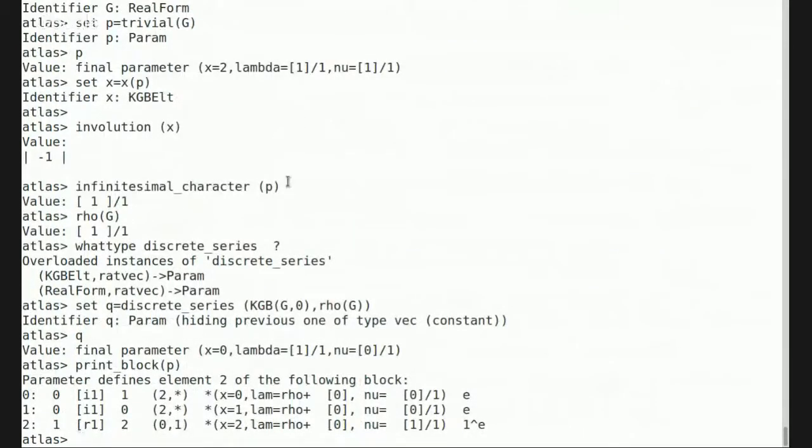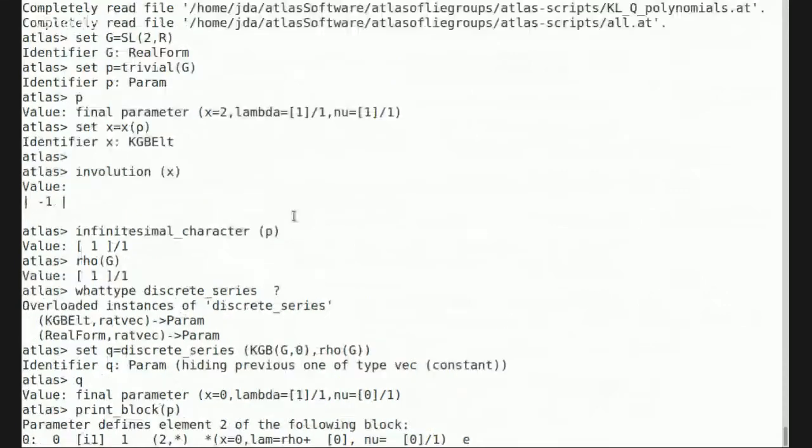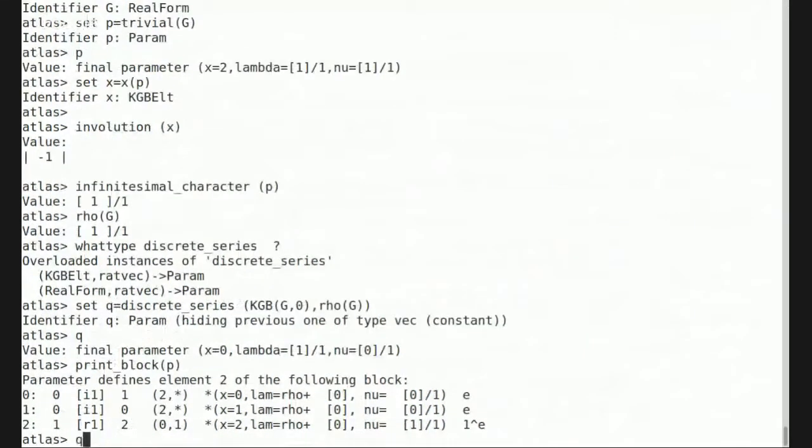And remember, it has 3 representations in it, 2 discrete series and the principal series. I've already got one of the discrete series. That's the one with KGB element 0. And the other one would be, let's see, so I set Q to be the discrete series. Let's set R to be the discrete series with KGB element 1, for example.